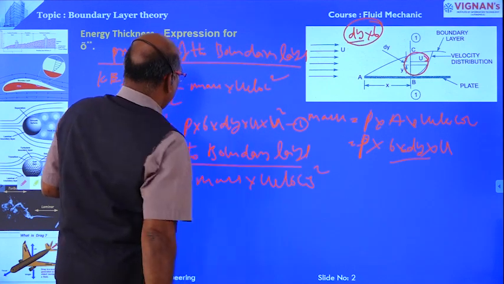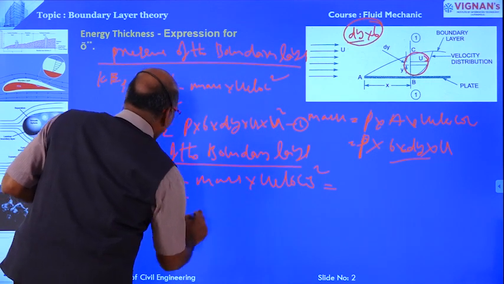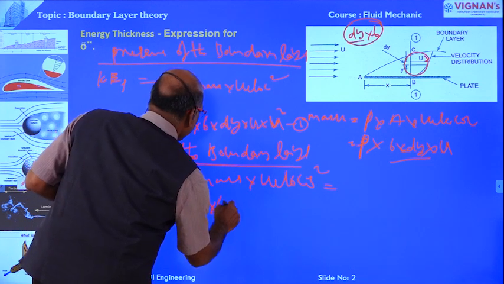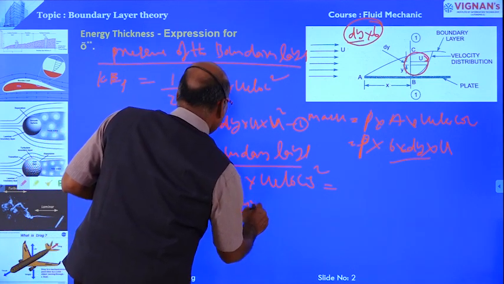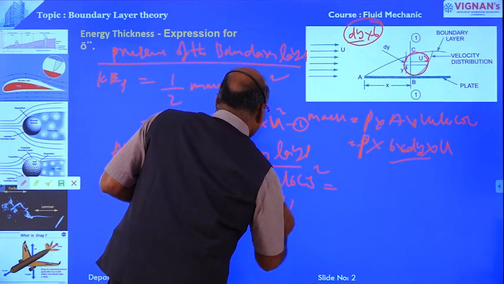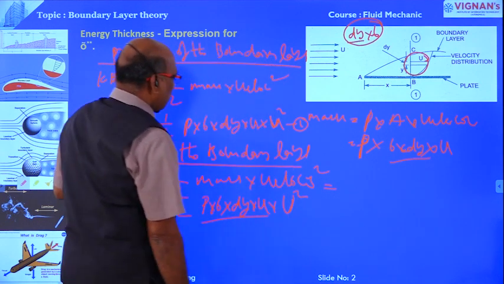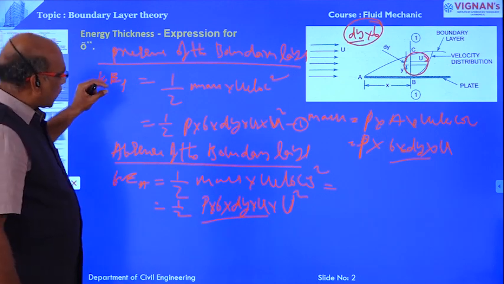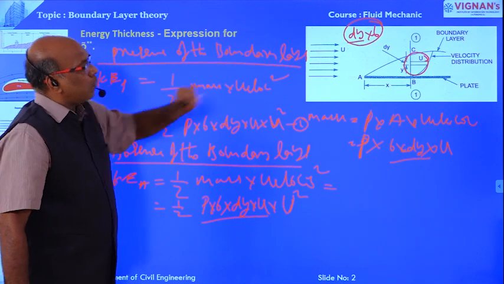Mass we already determined, that is rho into b into dy into u. This is the mass, into capital U square, the velocity over the strip in the absence of the boundary layer.